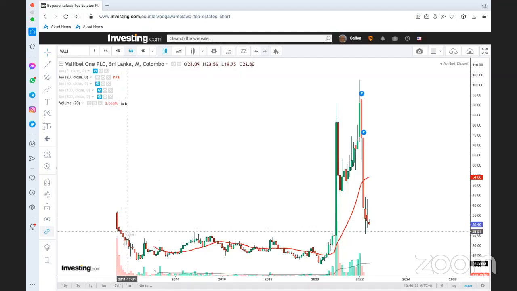Thereafter, you can see in a matter of a very short period, less than 1 year, it came down to a low of 12.59. These are adjusted for dividends and all. So basically around 12.50, 12.60. Thereafter, you can see here, this is in May 2020, it came down to 10.40, 10 rupees and 40 cents.